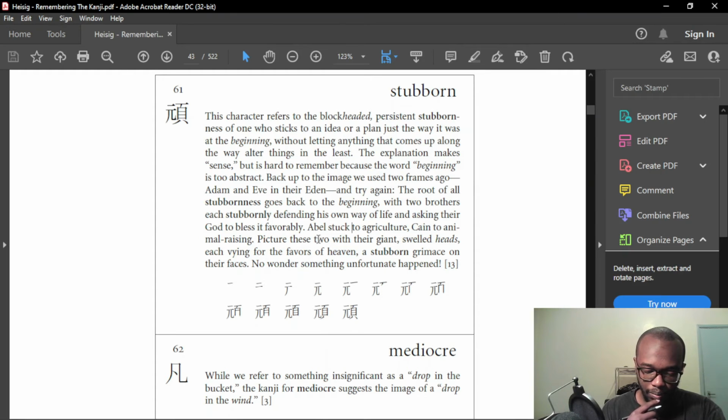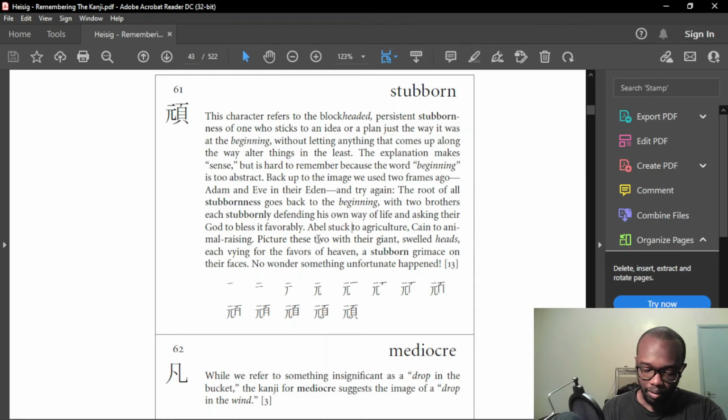How do you incorporate page into this? Or you can just think of the Bible, like the first page, beginning of the first page, you find Cain and Abel, who are very stubborn. Okay, I hope I don't get cast for misquoting the Bible.